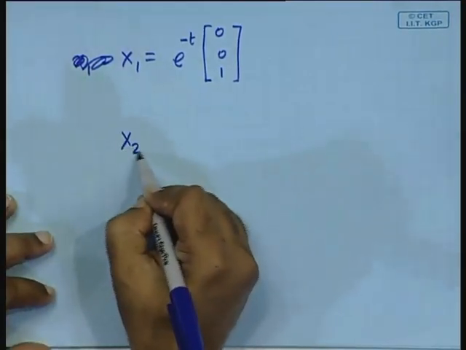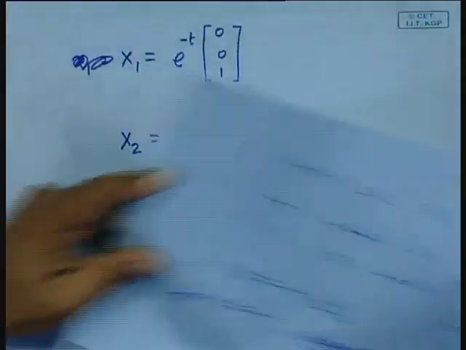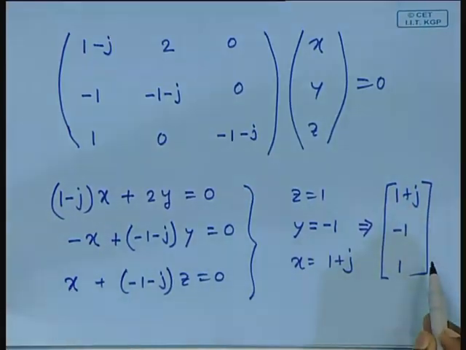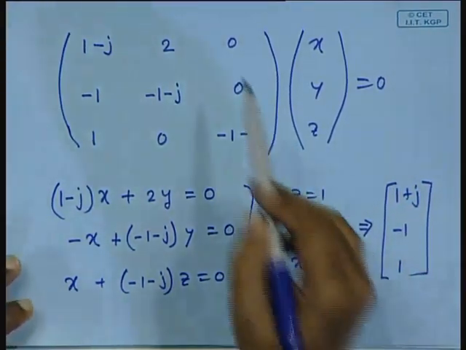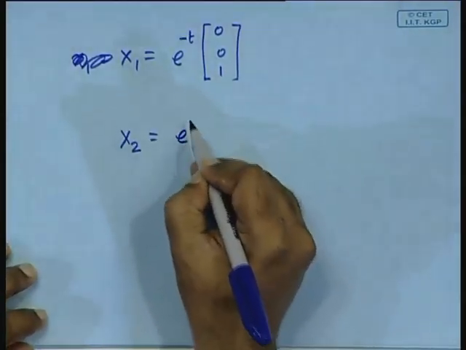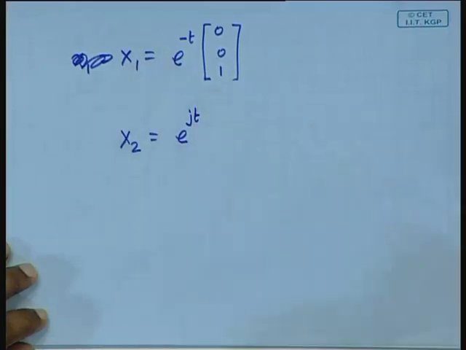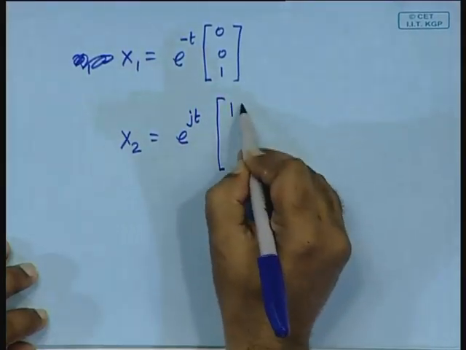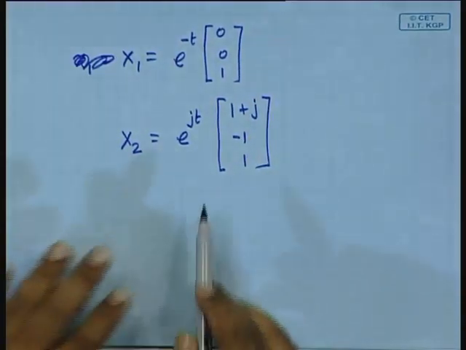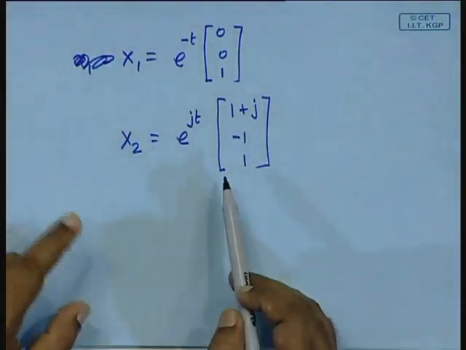Second one, X2, now that we have already done. If you have this as the eigenvector and plus j as the eigenvalue, you start by writing e to the power j t, then this 1 plus j minus 1 1, and then we will follow exactly the same procedure that we did earlier.